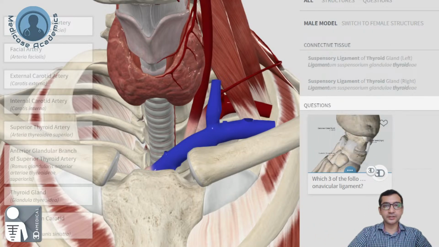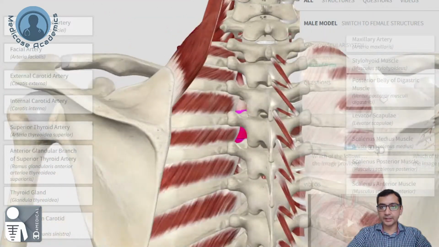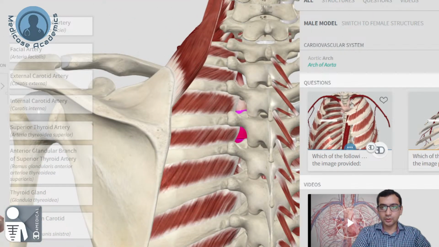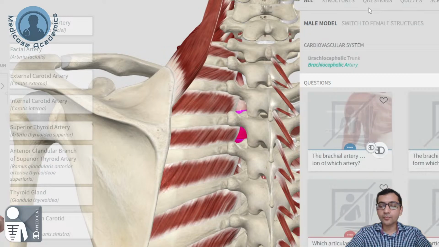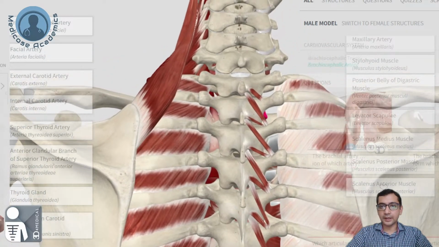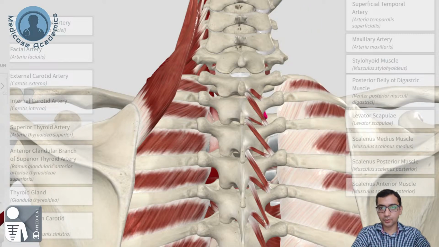Let's add the things to our picture, and let's also add the brachiocephalic trunk, and let us also add the right common carotid.